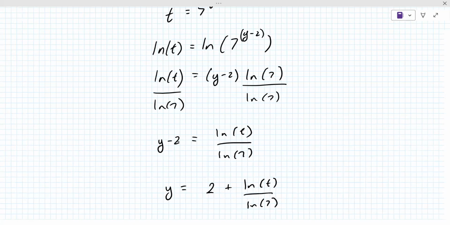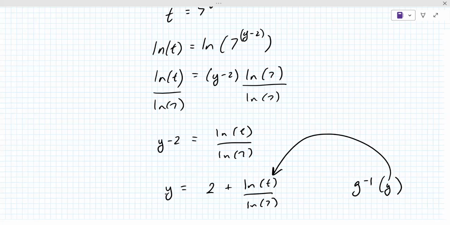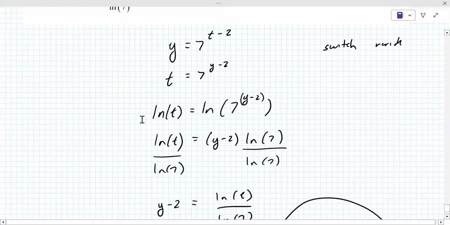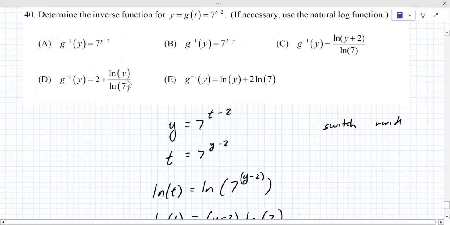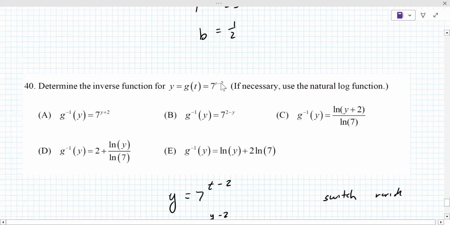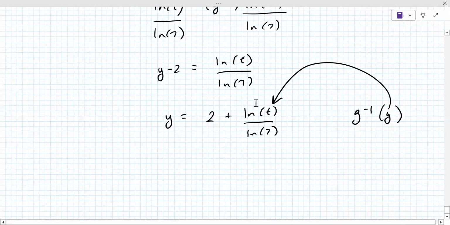Now, for whatever reason, they like to use this notation, g inverse of y, and you have to realize that they mean that y is now there. I think you can match that up to your answers. They don't ever have it where it's both y and t. I don't actually like the notation they use here, but it is correct. I think it's confusing for students.